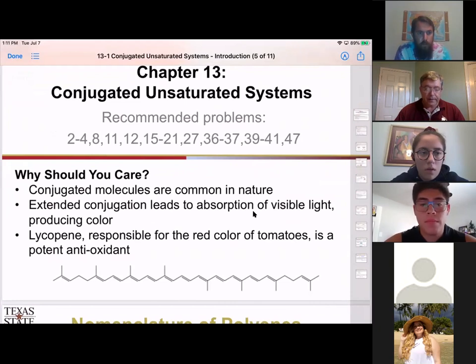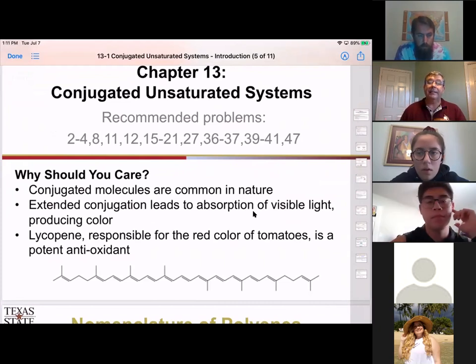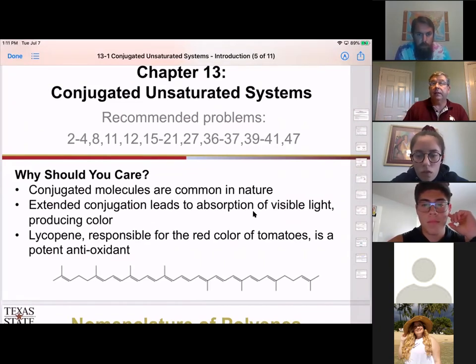Okay. So the idea here is that when you have molecules with multiple double bonds in them, they start to react differently than they did when they had individual double bonds here and there. So what we see is a couple different things happening. First thing is we can get certain reactions happening at more than one site.